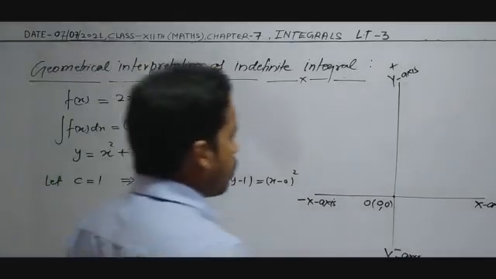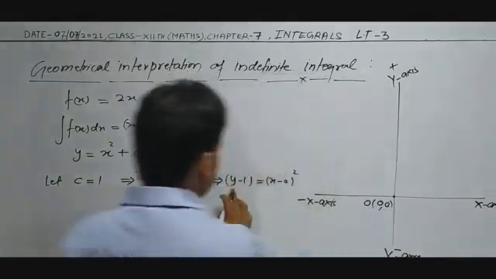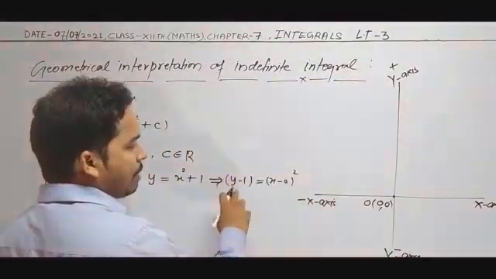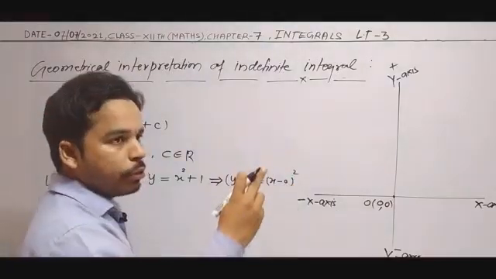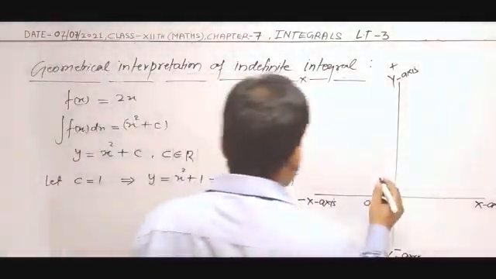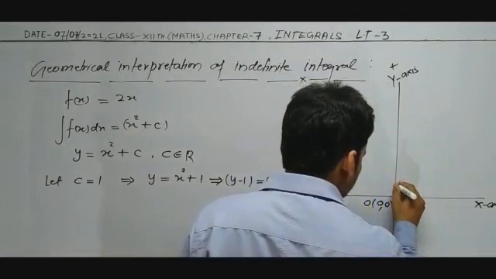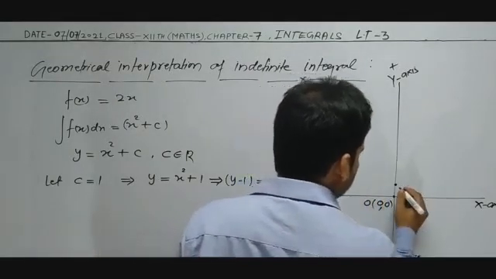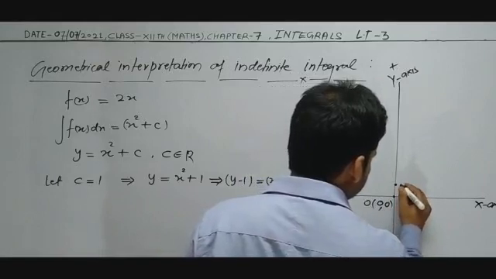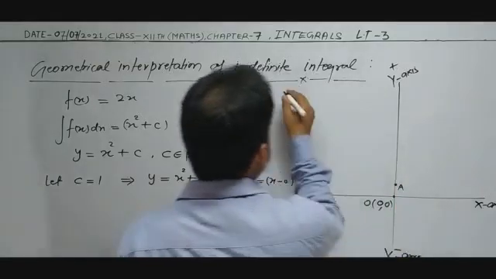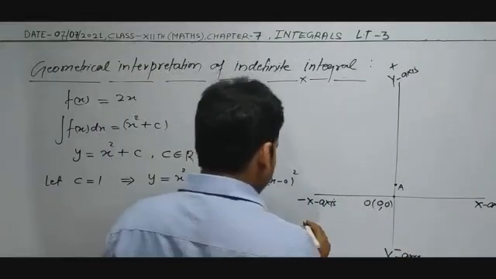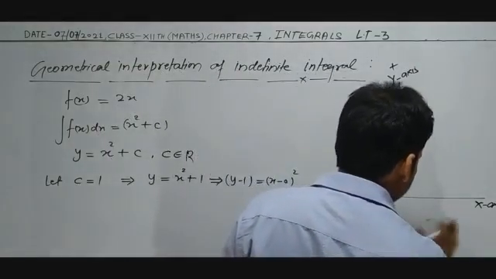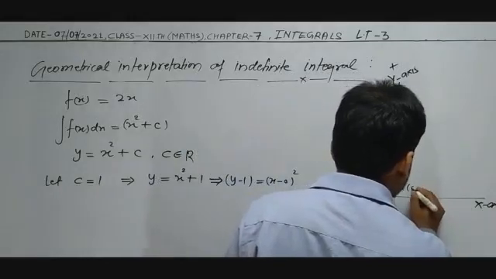When you equate to 0, x minus 0 is equal to 0, this implies x is equal to 0, and y minus 1 is equal to 0, this implies y is equal to 1. So suppose this is the point (0, 1) we have drawn. Suppose this is point A, with coordinates (0, 1).